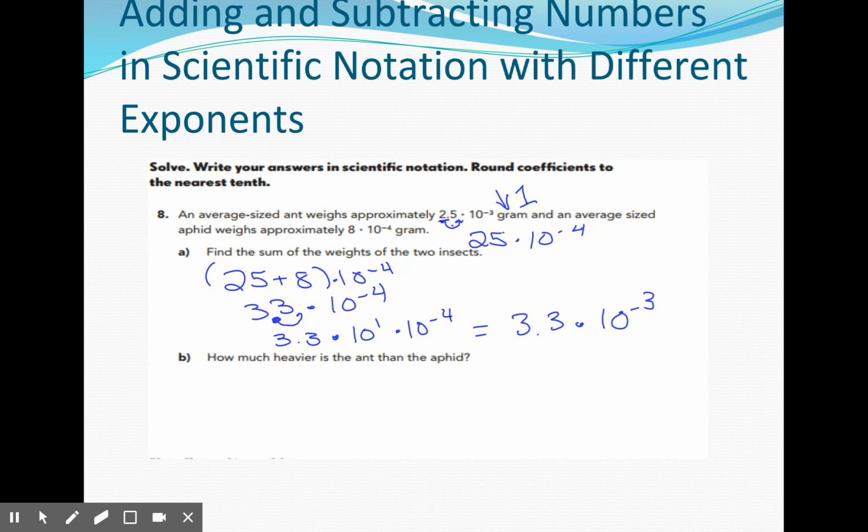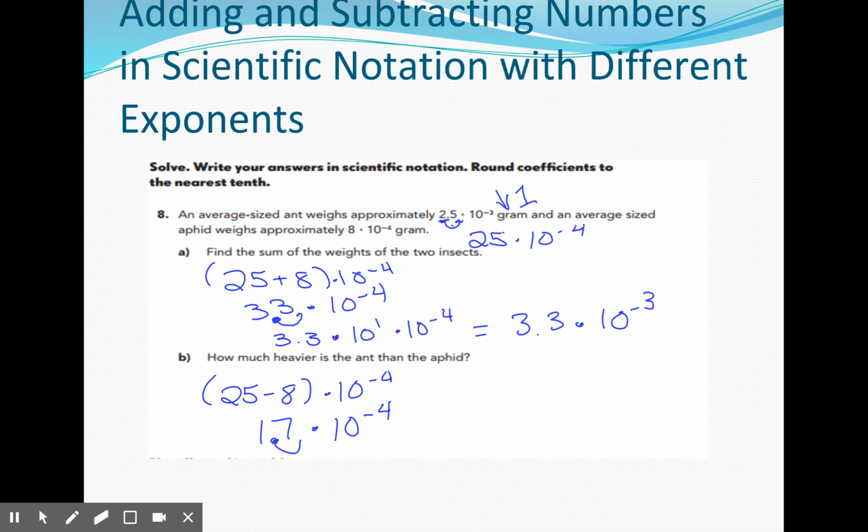So how much heavier is the ant than the aphid? So I'd be doing subtraction here. 25 minus 8 times 10 to the negative fourth. Again, I'm skipping those first couple steps because I think you get the picture at this point. 25 minus 8 would be 17 times 10 to the negative fourth.